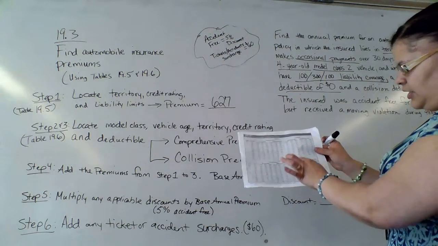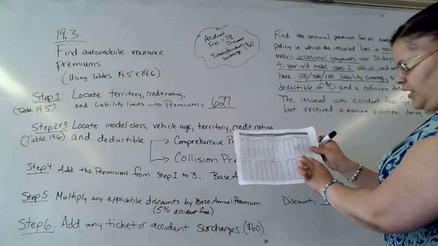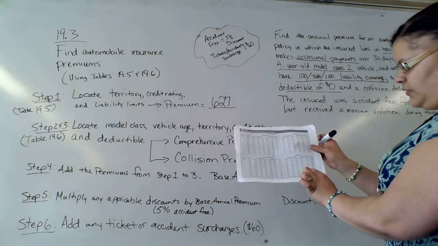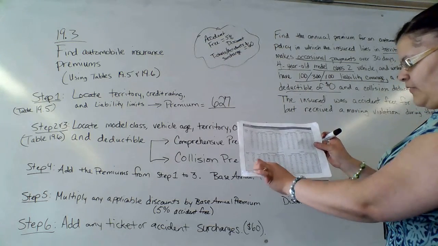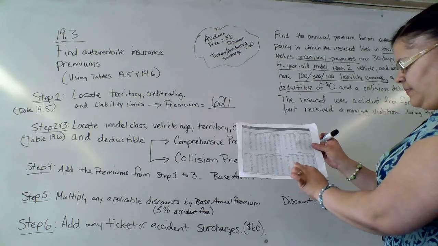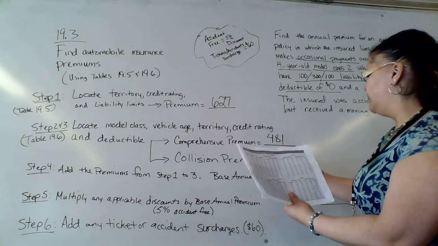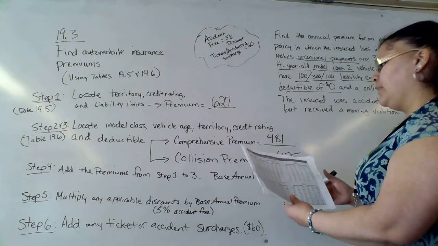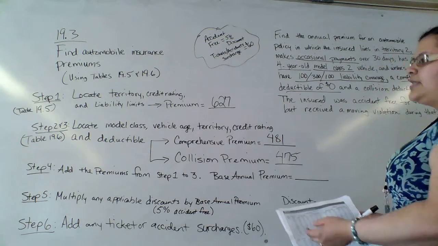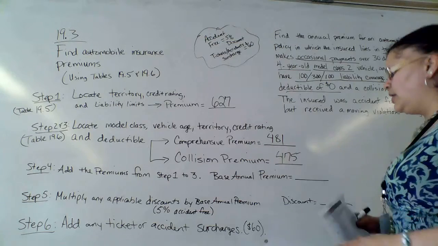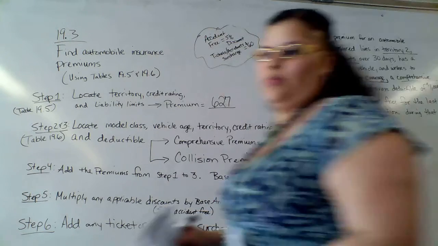So we go into collision for the $1,000 deductible with occasional credit for the Model 2 for the 4-year-old car. Occasional $475. So now what we have to do is add steps 1, 2, and 3 in order to get the base annual premium.